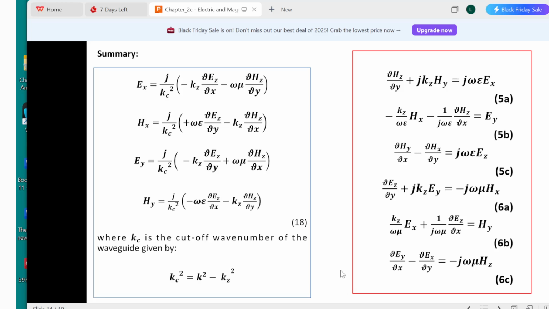So now you might wonder, well, how are we going to use it? First of all, in electromagnetic waves, we have different modes.